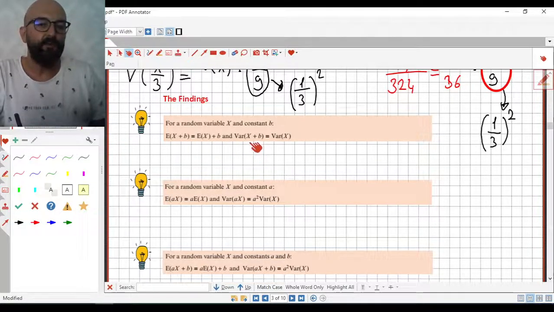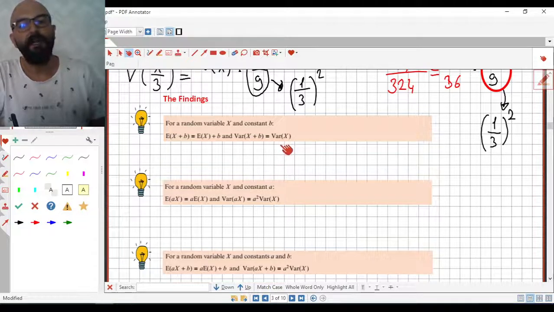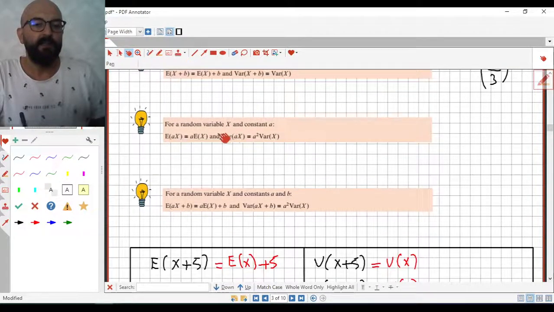The variance of x plus b also means the same as the variance of x. The expected value of a multiply x means a multiply the expected value of x, but the variance of a multiply x means a square multiply the variance of x.